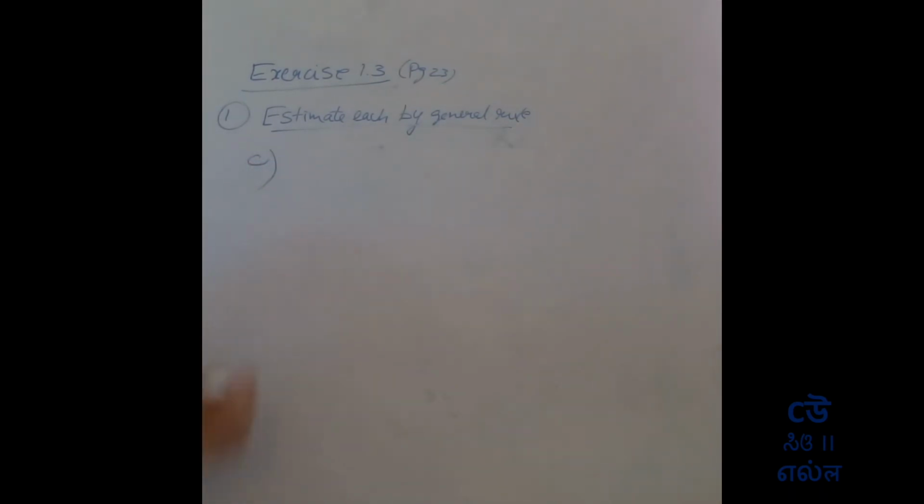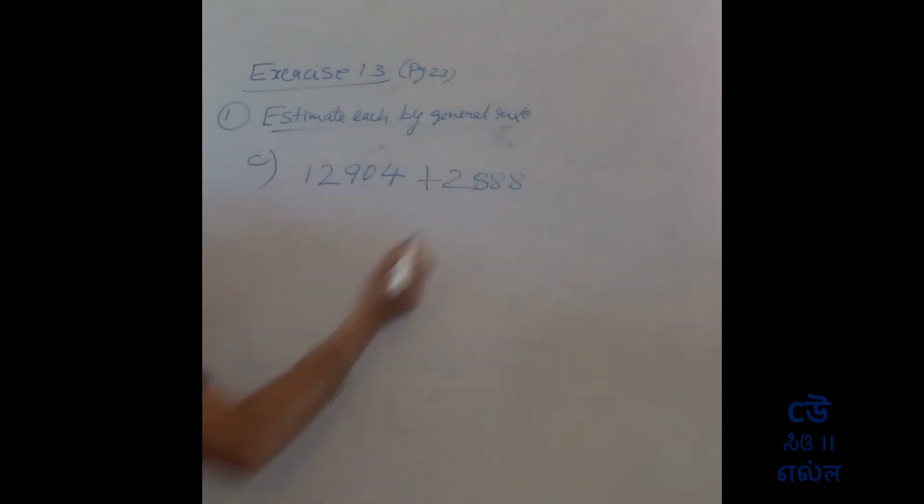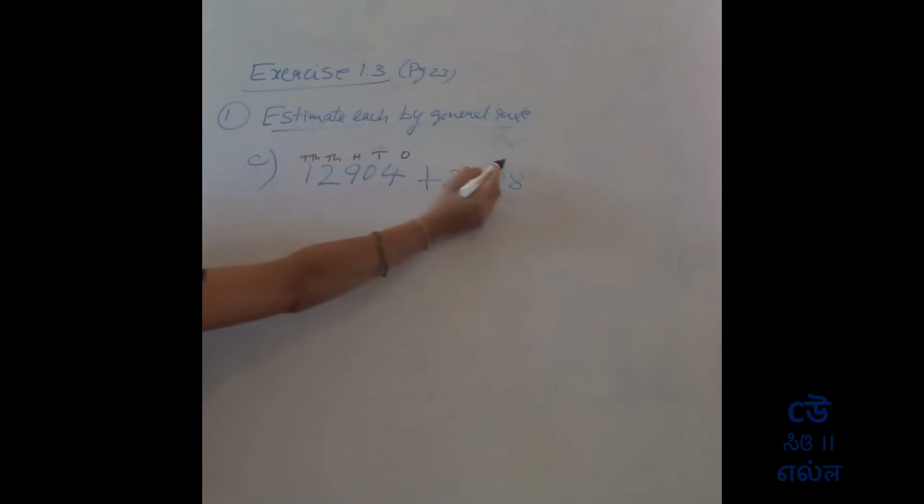Next, third problem. 12904 plus 2888, right? So we have ones, tens, hundreds, thousands, 10,000. Here we have ones, tens, hundreds and thousands.